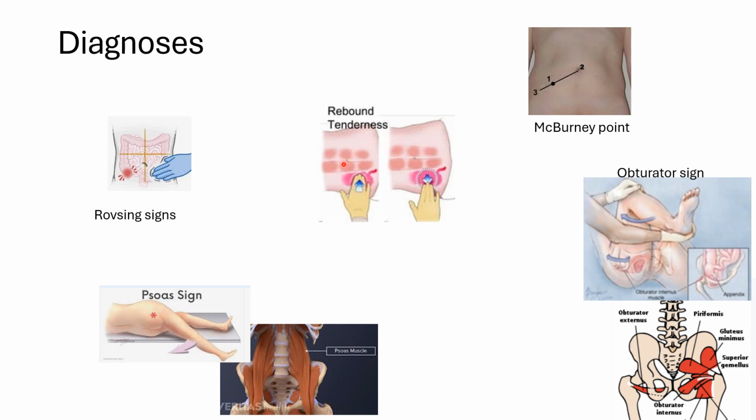It doesn't mean that while we are putting pressure on it the patient doesn't have pain. The patient has extreme pain, but when you release, it will be even more tender.